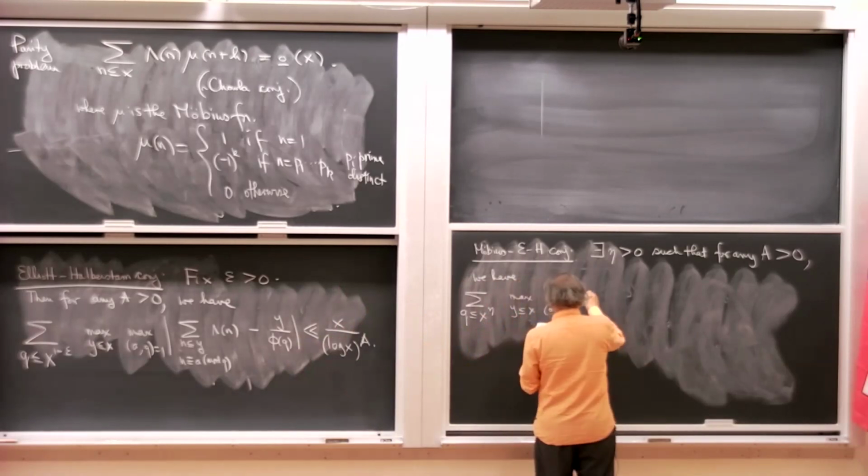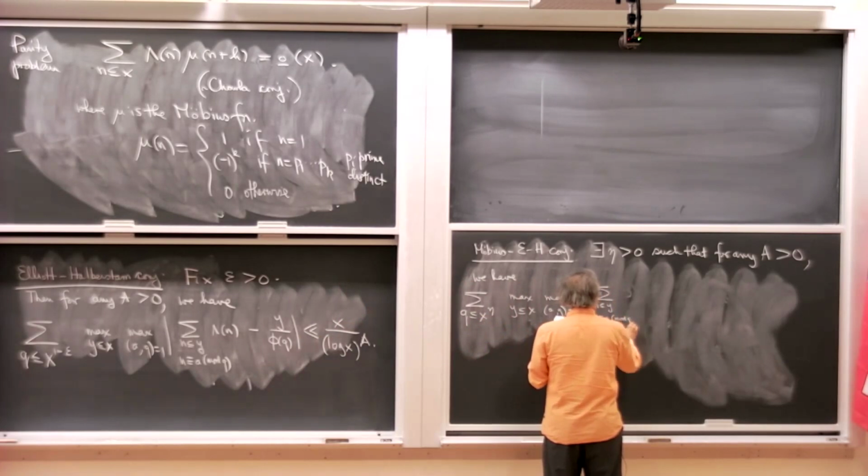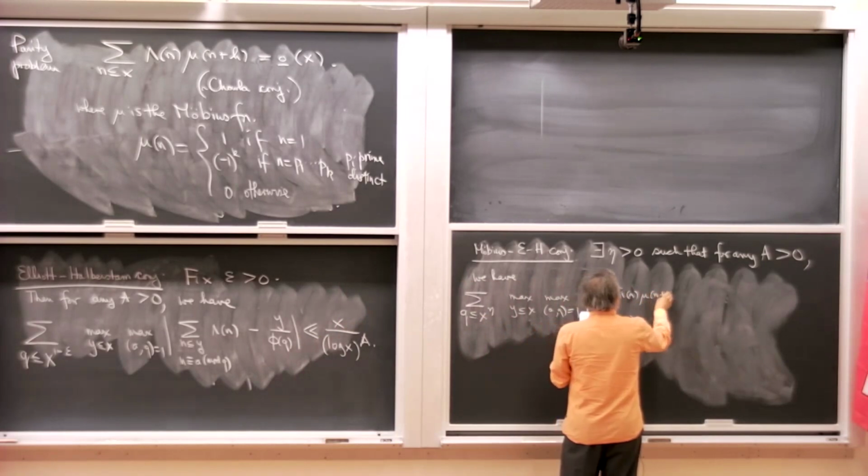So in the same style here, we will take n less than y, n congruent to A mod q, lambda of n, mu of n plus h.